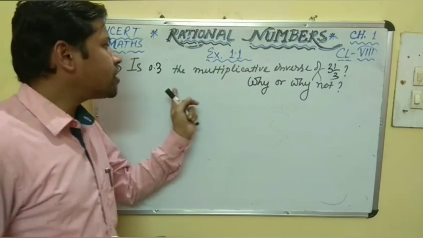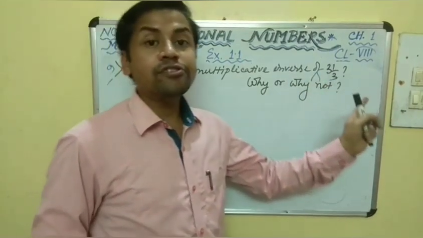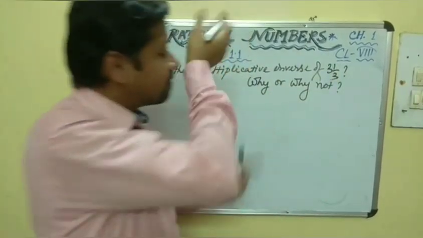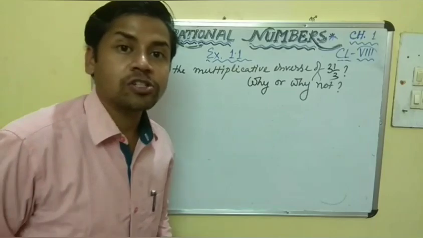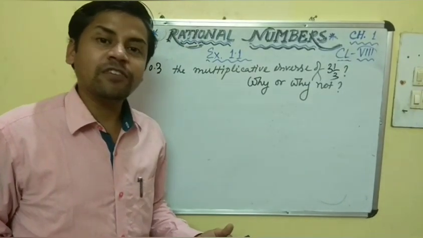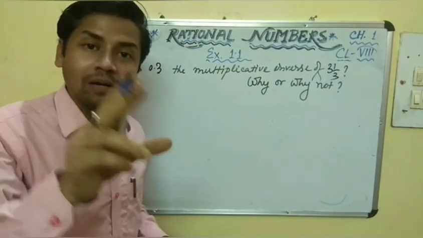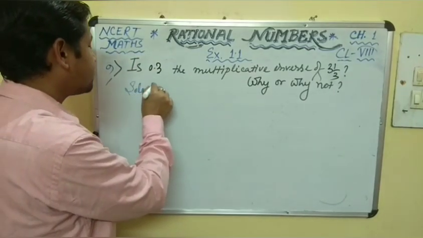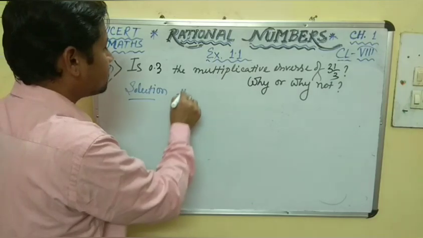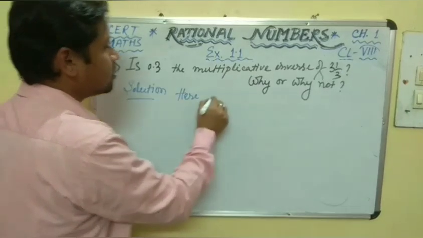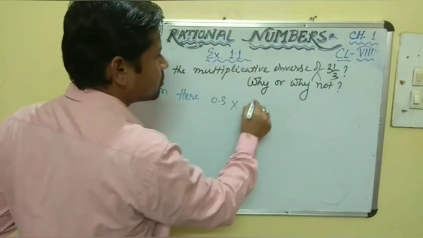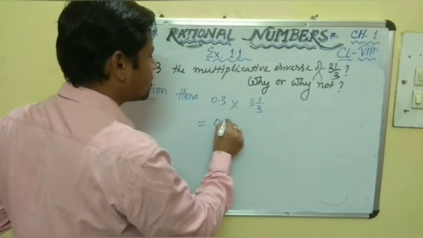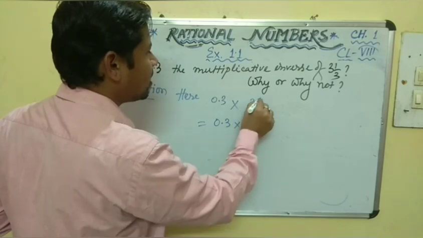Is 0.3 the multiplicative inverse of 3 complete 1 by 3? Why or why not? Multiplicative inverse means the product of them should be 1. Solution: here 0.3 into 3 complete 1 by 3 equals 0.3 into 10 by 3, since 3 threes are 9 and 1 is 10.